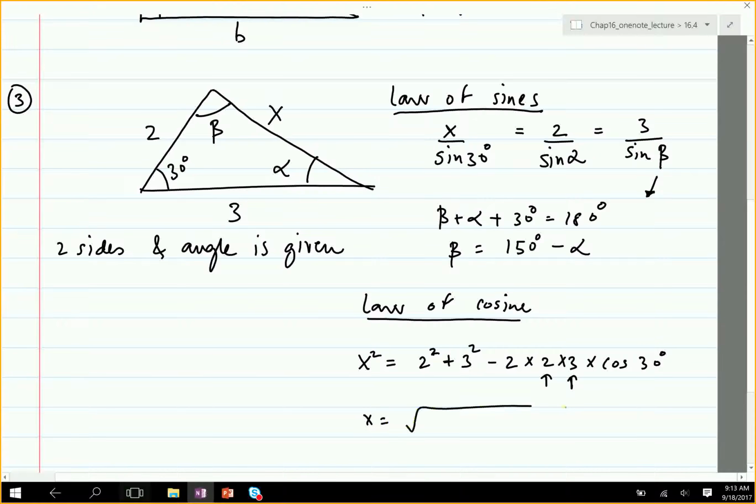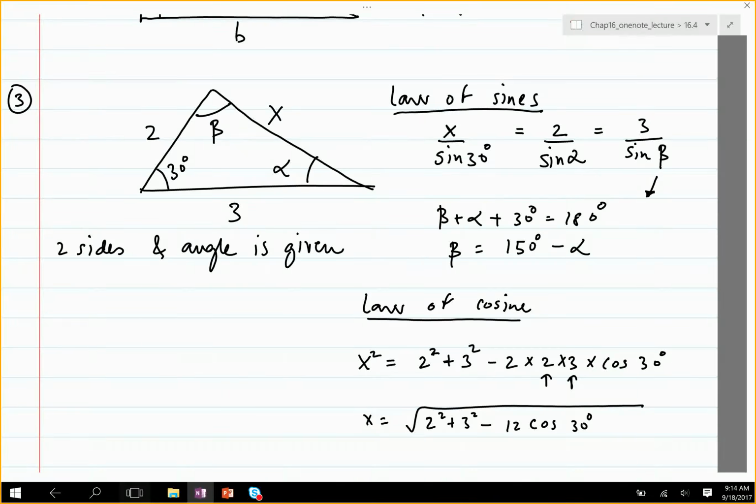This can help you find what x is: 2 square plus 3 square minus 12 cosine 30. So that gave me x without having to find alpha and beta.